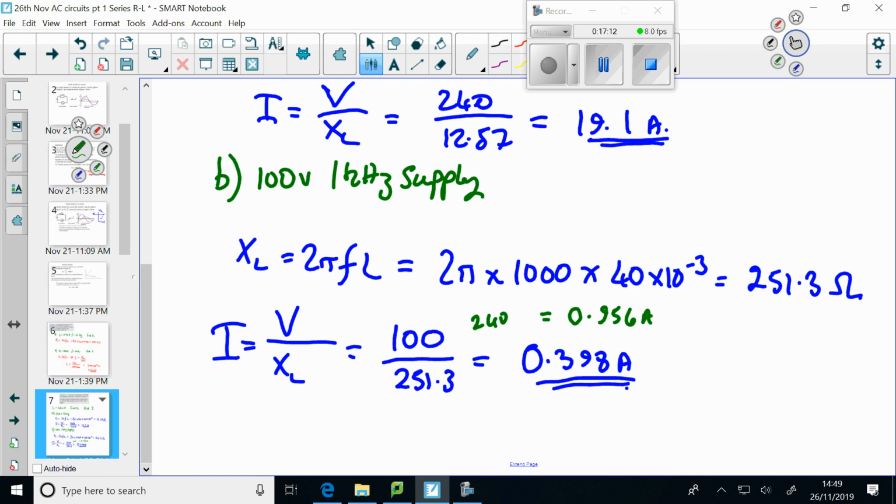We've got a difference between 20 amps and an amp, a 20 times difference. And that's exactly how many times the frequency is multiplied: 20 times from 50 to 1,000. So just showing you the circuit's the same, but we alter the frequency and we get more opposition to current flow.